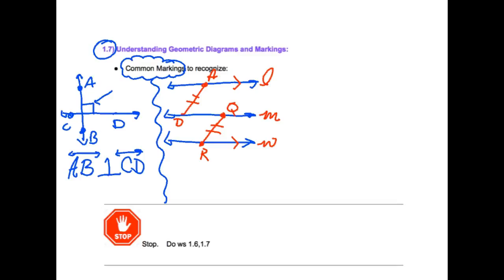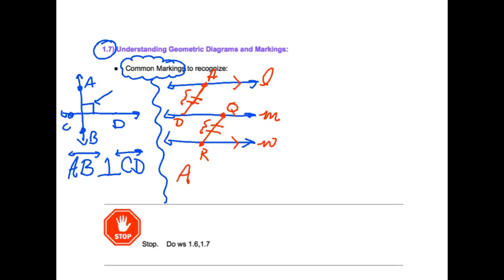There are 2 things you can conclude from the markings I put on this picture. The first one is because I put the same number of dashes on these two segments, that's how we mark that they are congruent or the same measure. If I just had one of them on one and two on the other, even if they look the same, they're not. Maybe one's 5 and one's 5.1 centimeters. But if they have the same number of dashes, they're congruent.